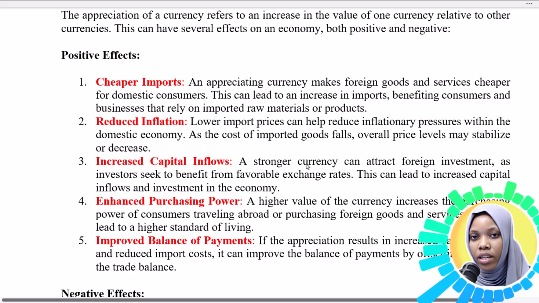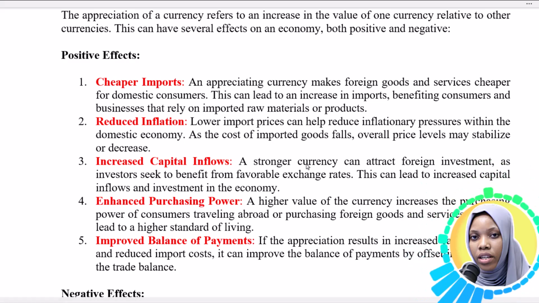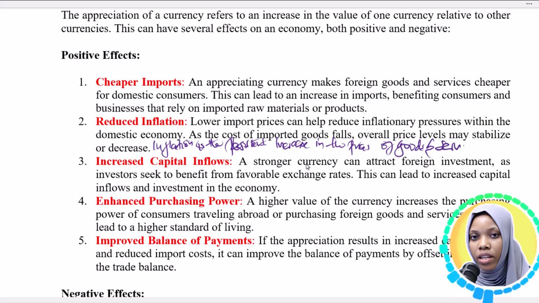And then another effect is reduced inflation. Lower import prices can help reduce inflationary pressures within the domestic economy. And we know inflation is the persistent increase in the prices of goods and services in an economy.